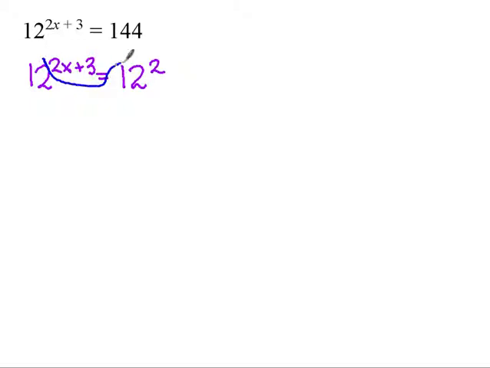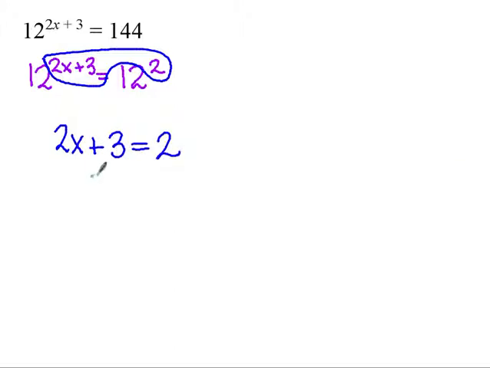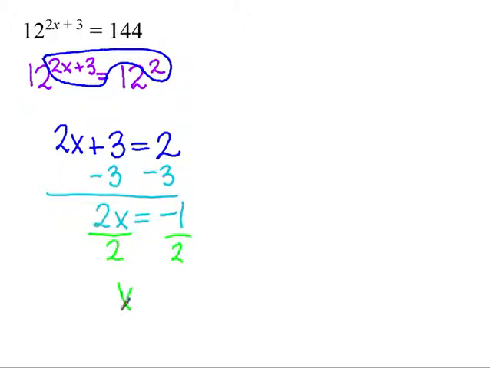Set them equal. So I get 2x plus 3 equals 2. What do you do now? Subtract 3. Very good. So 2x equals negative 1. Divide by 2. What does x equal? Negative 1 half. Any questions?